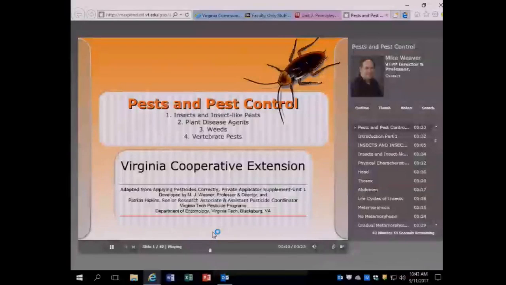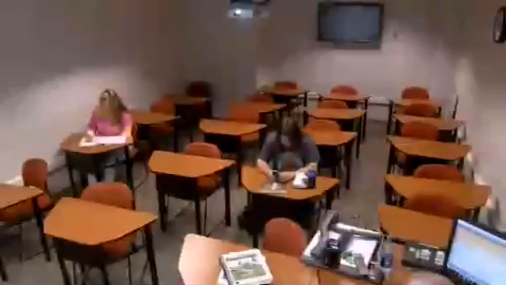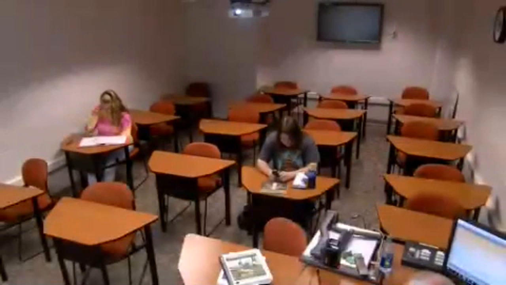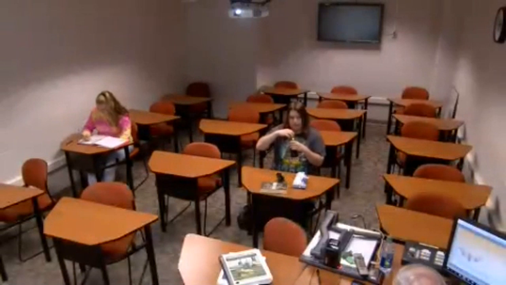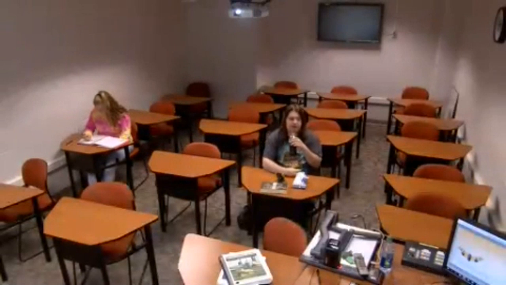Pesticide Programs, and Patricia Hipkins, Senior Research Associate and Assistant Pesticide Coordinator of Virginia Tech Pesticide Programs, is adapted from Applying Pesticides Correctly, Private Applicator Supplement, Unit 1. Correct identification of pests and a knowledge of their development and behavior are keys to effective pest control. Pests are grouped into 4 categories.